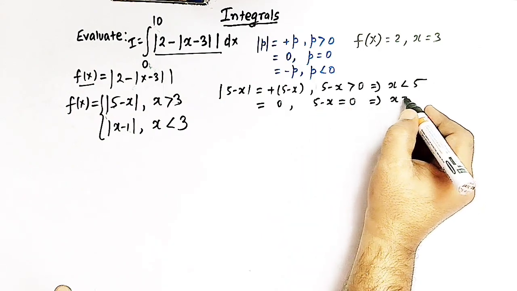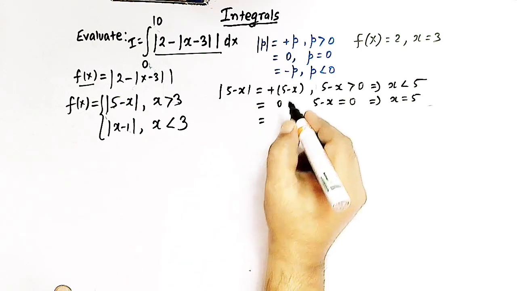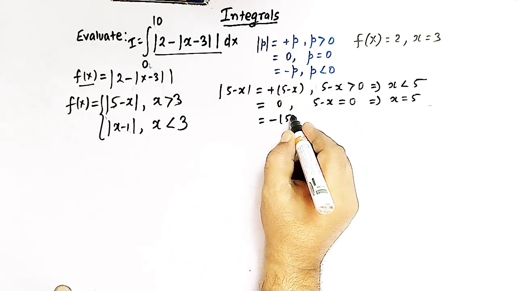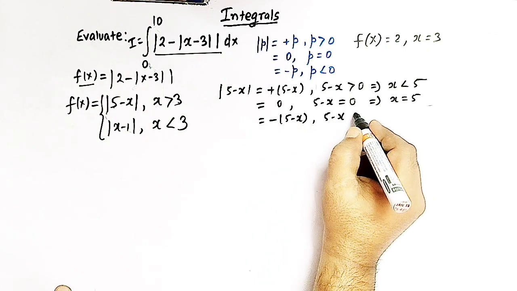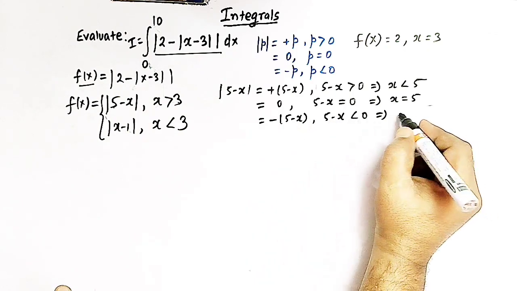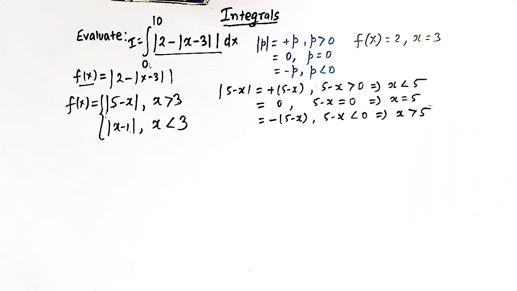So this implies x is equal to 5, and mod of 5 minus x is equal to negative of 5 minus x whenever 5 minus x is less than 0, or we can write x greater than 5.